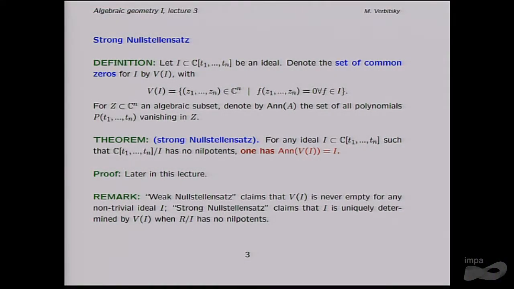No, we need the annihilator, which is the set of all functions. So it's an ideal in the polynomial ring.